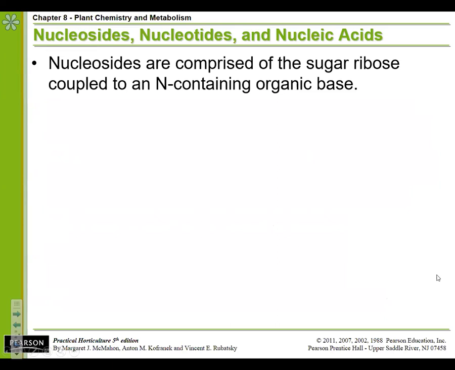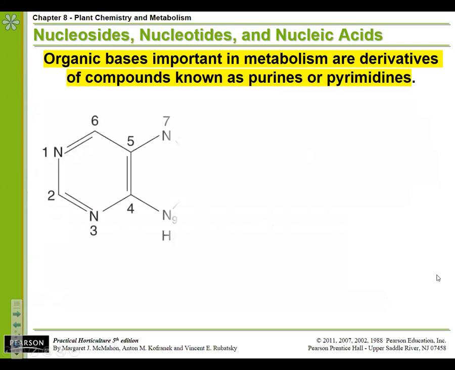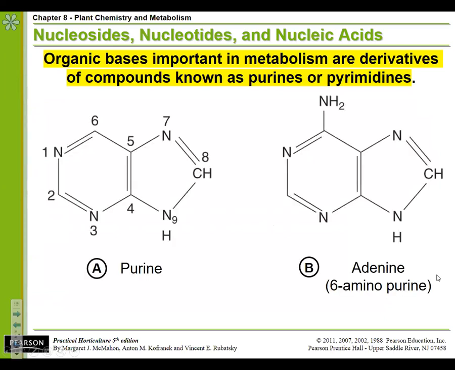Nucleotides and nucleic acids are very important compounds that contain nitrogen in an organic base. These organic bases are extremely important in the metabolism of both plants and animals, and they are derivatives of compounds known as purines and pyrimidines. On the left here, we have a purine molecule.